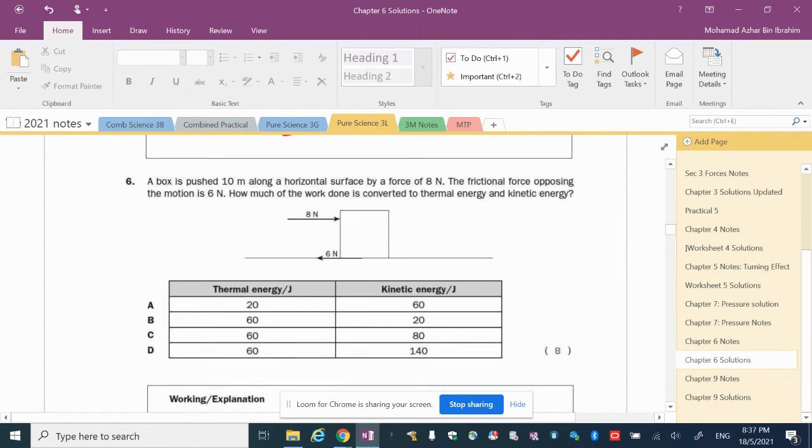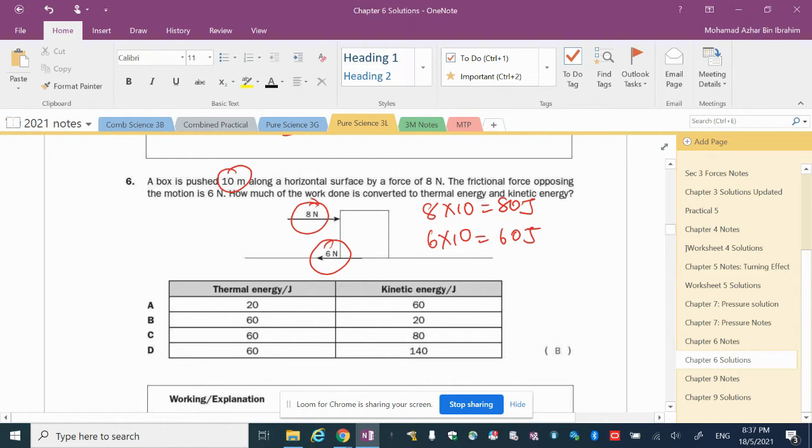All right, this question also can be kind of tricky. The work done by the force, the box travels 10 meters. So the work done by the force is actually 8 times 10, which is 80 joules. Now, frictional force accounts for 6 newtons out of the 8. So 6 times 10, this is the amount of energy.